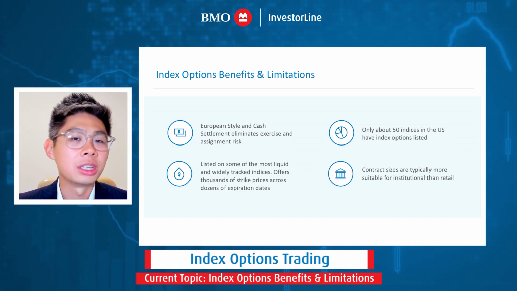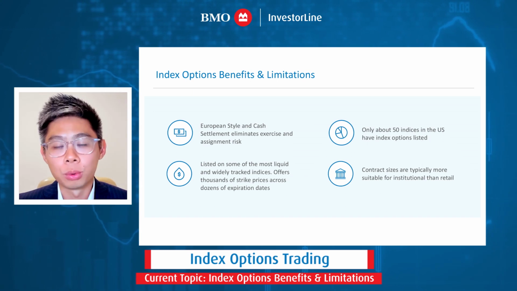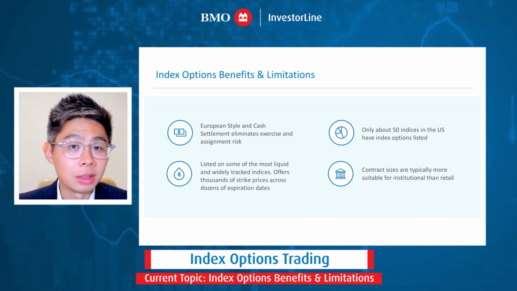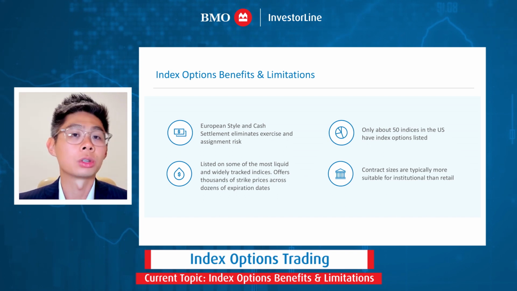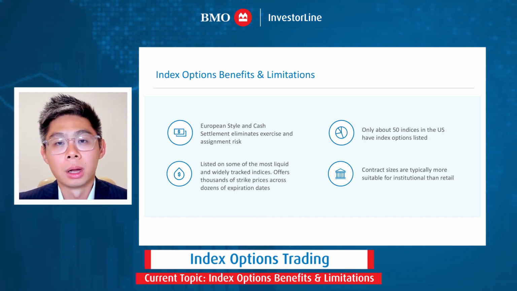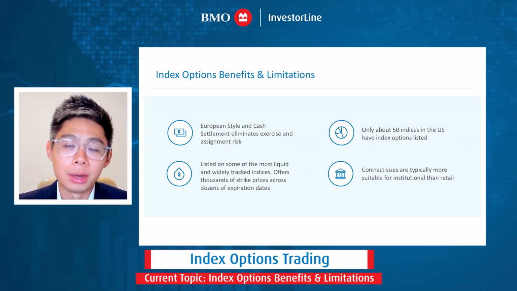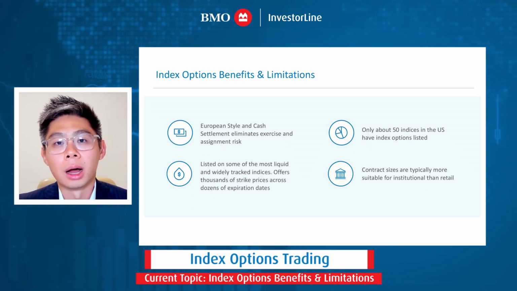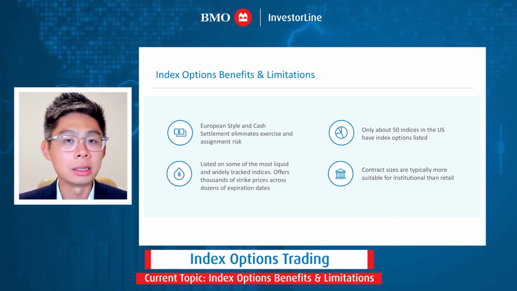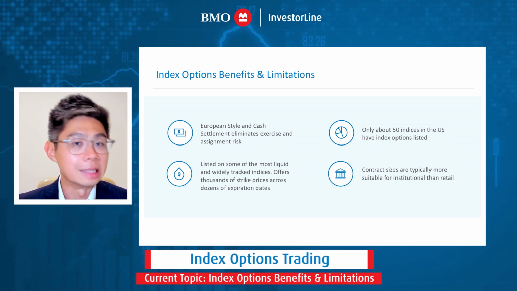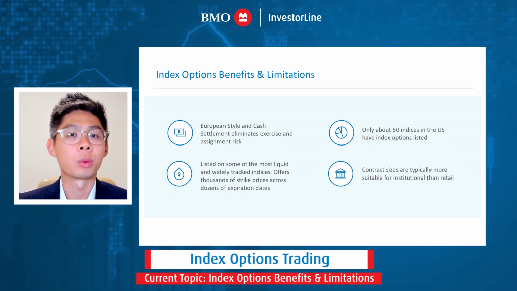And that really speaks to the deep liquidity offered by many of the index options that you can trade. We're talking about some of the most popular and most widely tracked indices, such as the S&P 500, the NASDAQ 100, the Russell 2000, the VIX, very popular indices that we speak about almost on a daily basis when we think about the performance of the market.